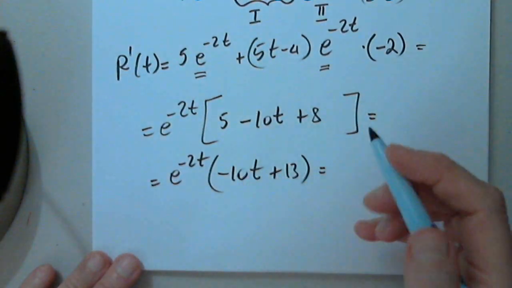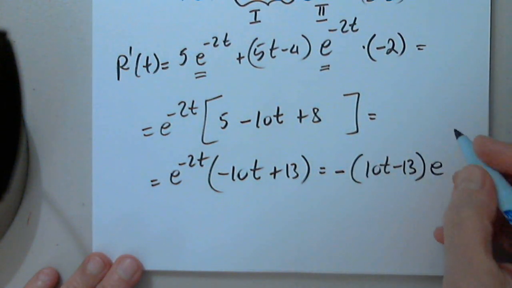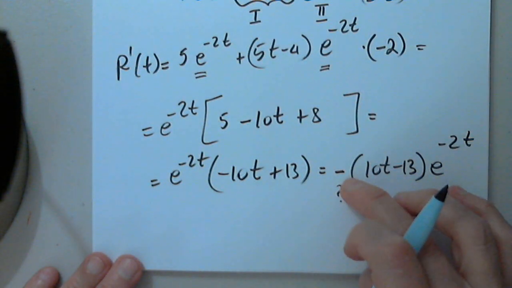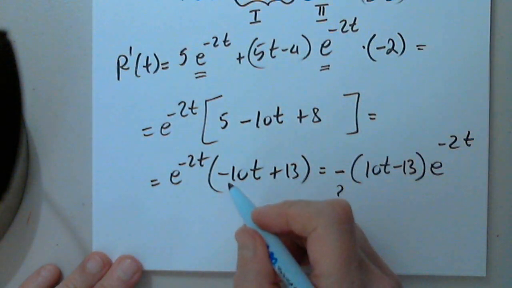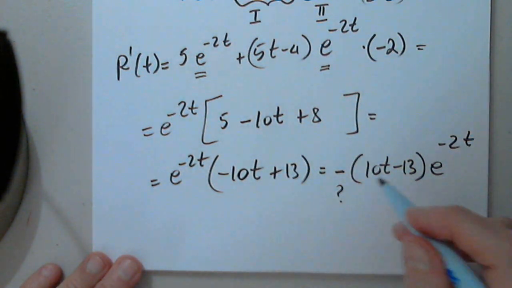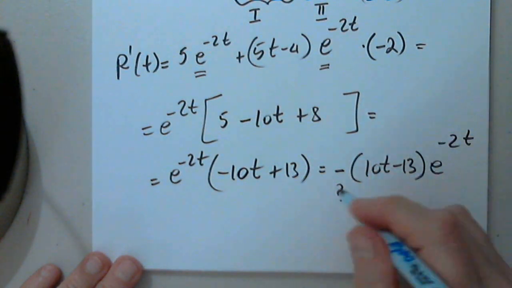And I could factor out negative 1 and write 10t minus 13 times e to negative 2t. And the reason is, why do I keep factoring out? As long as I see a negative leading coefficient, I will pull it out. You can say I'm allergic to negative leading coefficients. I am. I see a negative leading coefficient, I put it in front.